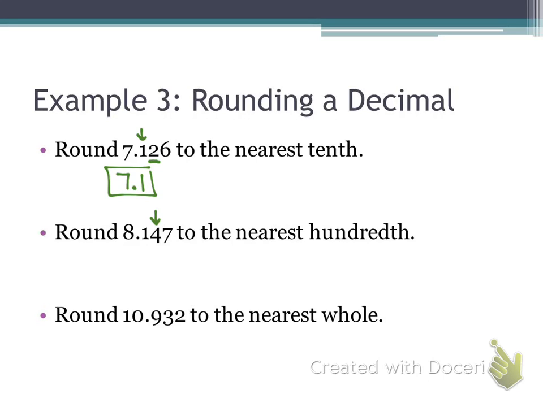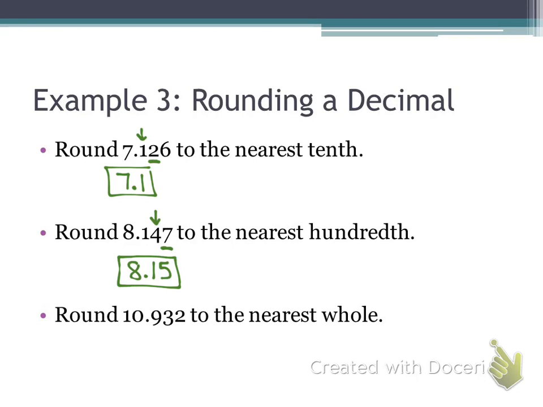Look at the, very good, the thousandths place. Well, that's a 7. When it's 5 or more, what do I do to my 4? It goes up to a 5. So I have 8 and 15 hundredths. Okay, I drop off the thousandths because I've rounded now to the nearest hundredth.